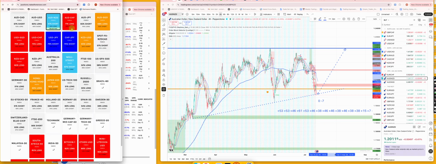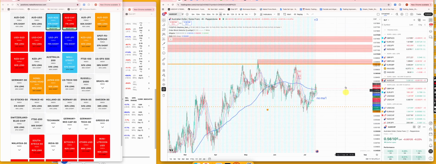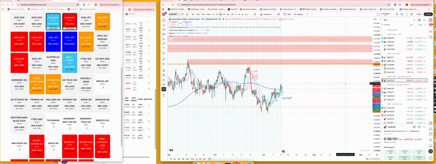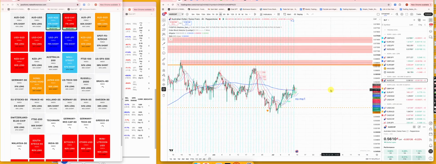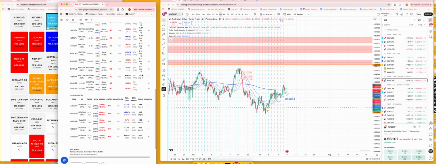Aussie New Zealand, Aussie Swiss. No. Yeah, so it's a moving average cross. Let's just see where we are over here. So bearish, bullish on the relative OPR.